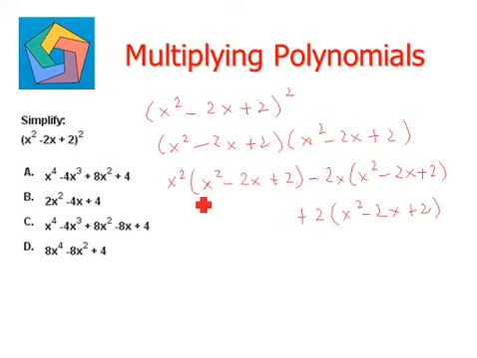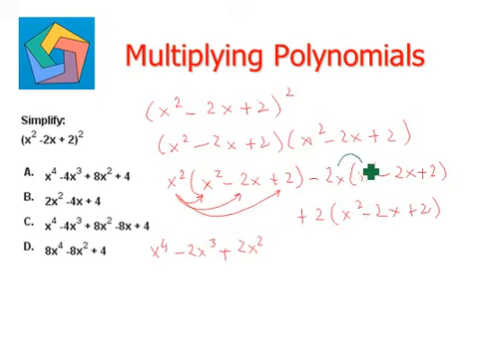So now we apply the distributive property. x squared times x squared is x to the power of 4. x squared times negative 2x is negative 2x to the power of 3, and x squared times a positive 2 is plus 2x squared. Now we apply the distributive property to the second parentheses.